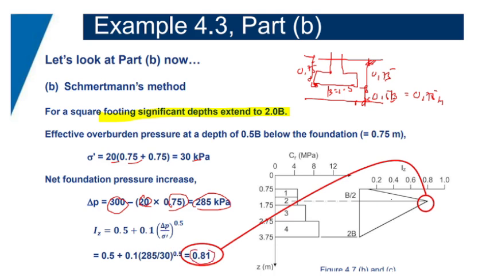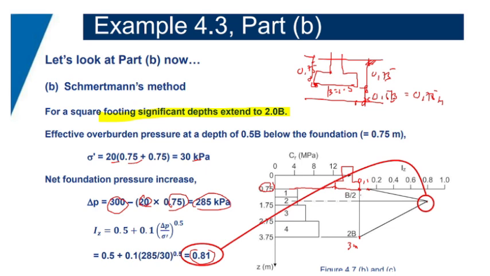Now we're going to redraw. This is 0.1. Take note that this is at the base of the footing, which is at 0.75. As we redraw, starting from 0.1, 0.81 is somewhere here, and then you connect it with 2B. 2B is 3 meters, coming from the bottom of the footing.